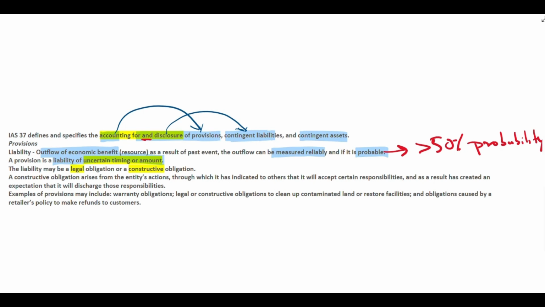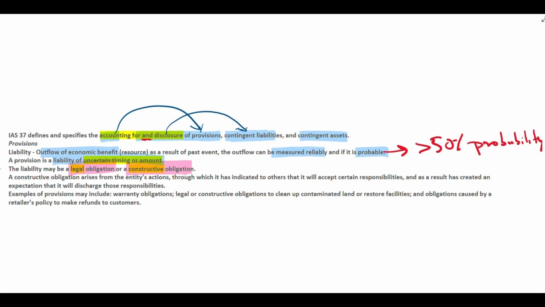Now, what are the reasons due to which provisions or a liability arise? A liability or provision arises due to commitments, due to promises made either by law, by legislation, that is a legal obligation, okay, or a constructive obligation. So legal is straightforward, by law.